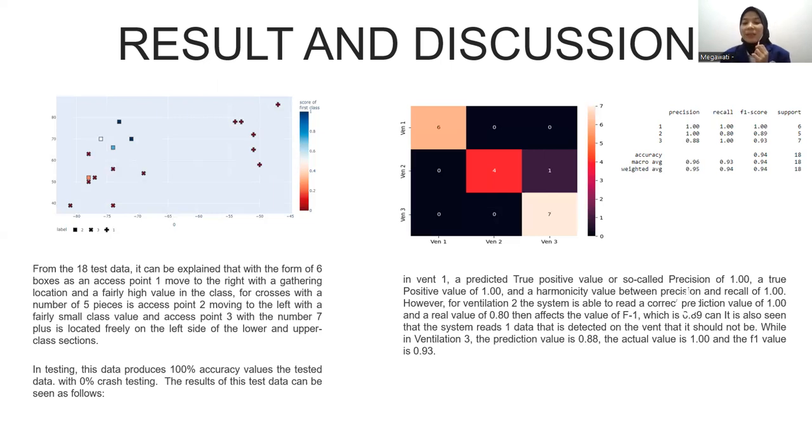For vent 3, the prediction is 0.88, the actual value is 1.00, and the f1 value is 0.93.